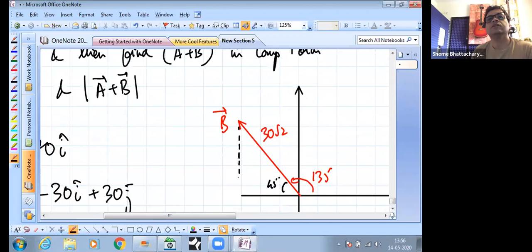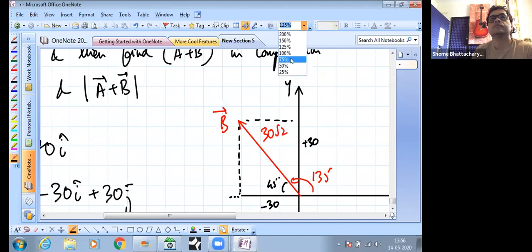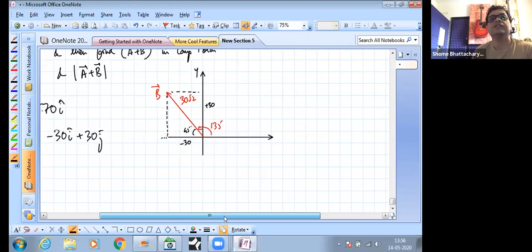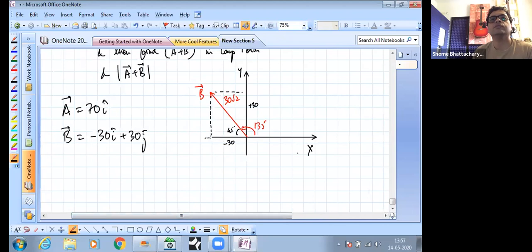So when you drop this perpendicular, this is that isosceles right angle triangle. So this will be 30 root 2 into 1 by root 2. So it will be 30, but it's on the negative side, so it's minus 30. And similarly, this is on the positive side, so it will be plus 30. That is why the vector B has a negative 30 x component and a positive 30 y component.